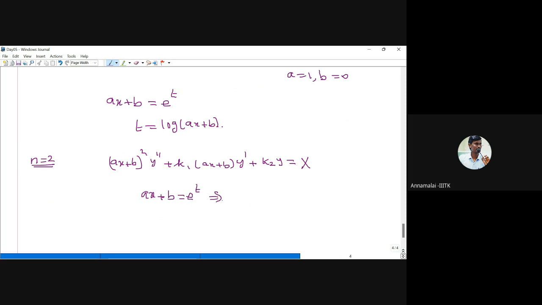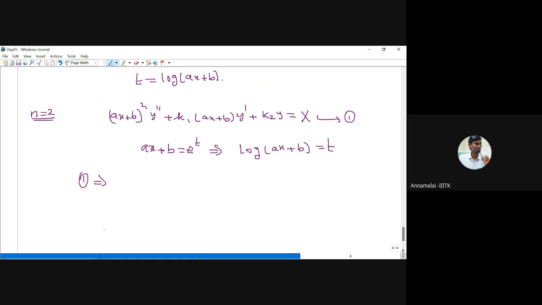Therefore, from this we can say t equals log of, if you take log on both sides, we get t. Okay, so maybe we call this equation number 1. After the substitution, this becomes an equation in terms of y and t.